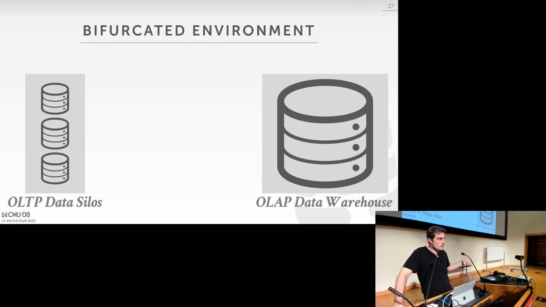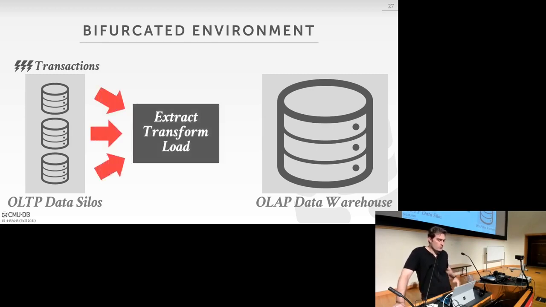You have all of these database instances running, accepting concurrent connections from different clients to perform the transactional side of the workload. And then on the other end, you have this really big OLAP data warehouse where you're going to want to dump all of your data for analysis. So we have all the transactions running on the OLTP side, all inserting or updating or whatever their operations are on the individual silos.